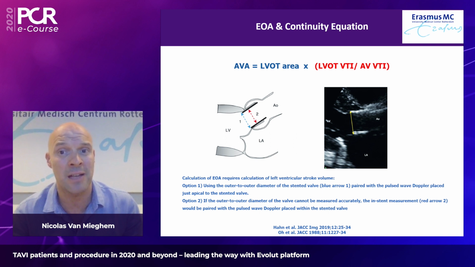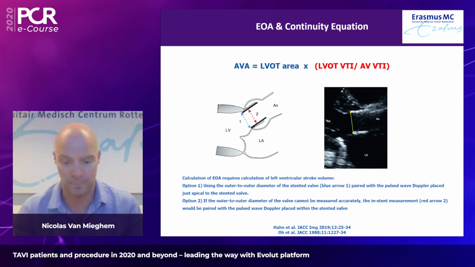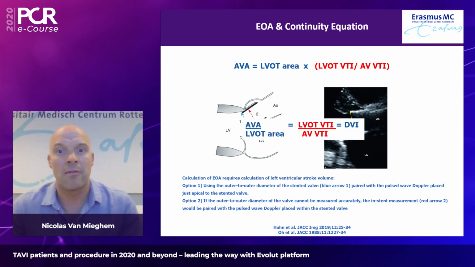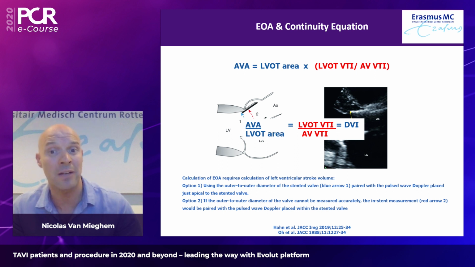The valve area is the LVOT area times the LVOT VTI divided by the aortic VTI. It becomes very easy then, because from this, you just do simple mathematics, and then you have the Doppler velocity index, that is the ratio of the LVOT VTI to the aortic valve VTI, which also equals the aortic valve area ratio to the LVOT area.